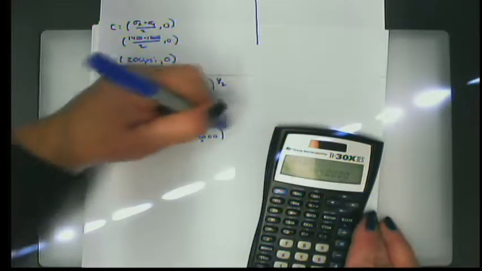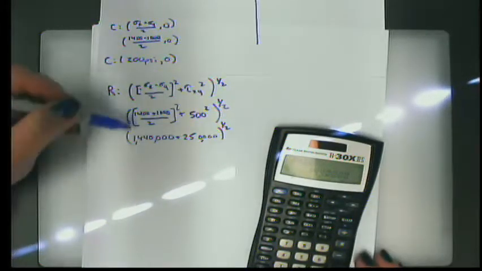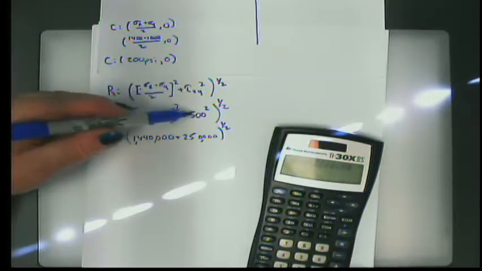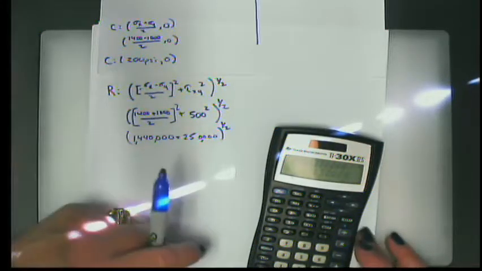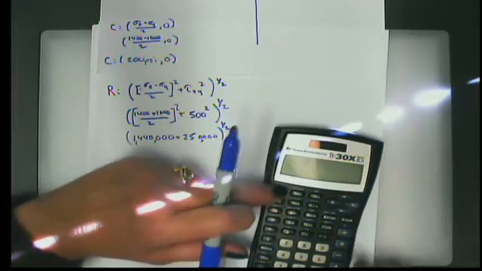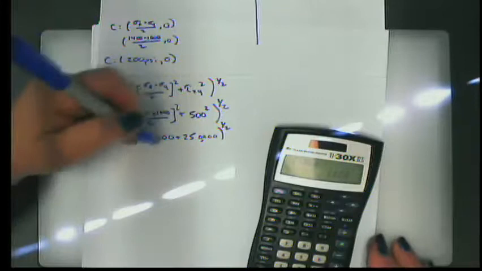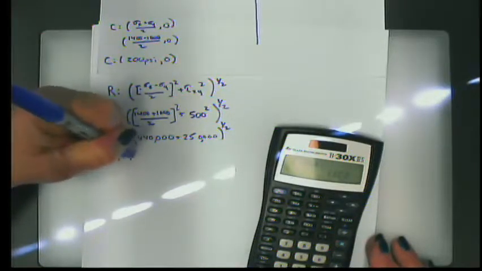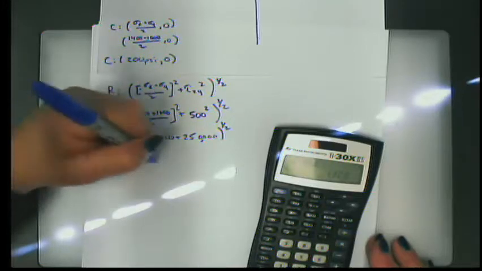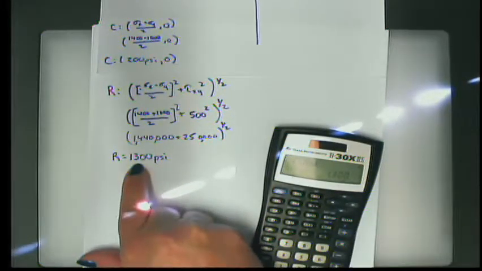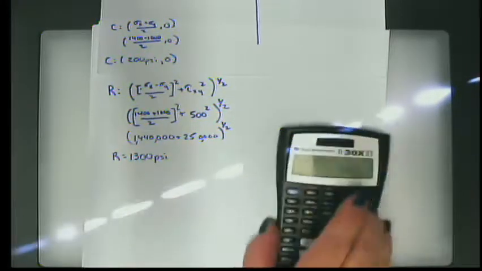If I take those two numbers and add them together, take the square root of that sum, the radius of my circle is 1,300 psi. Now that's also going to be the value of sigma max, or tau max, isn't it?